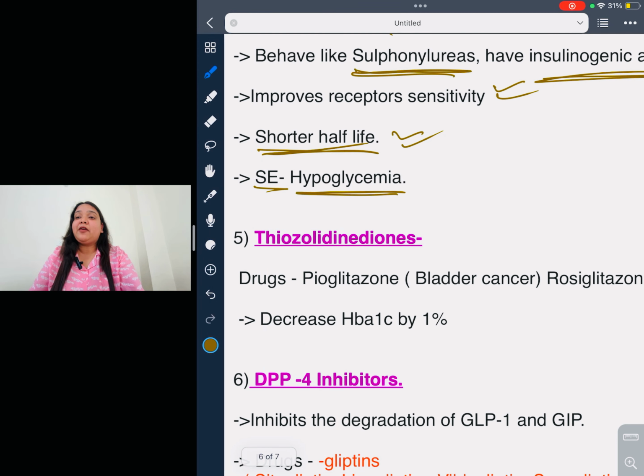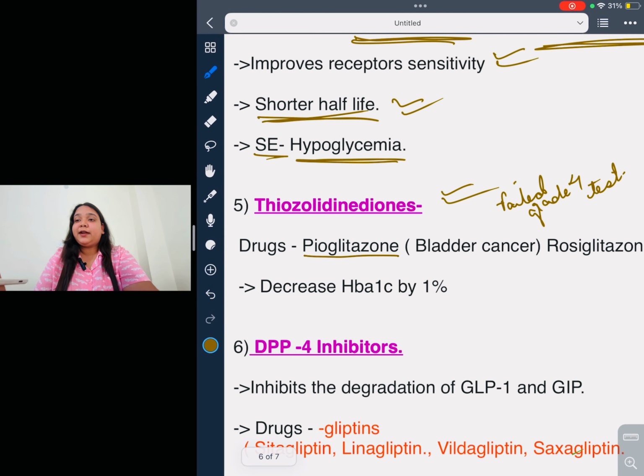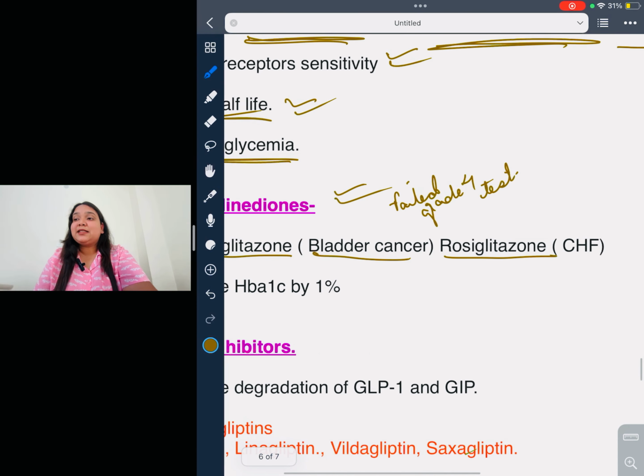Another group of drugs we have is thiazolidinediones. These drugs have failed their grade 4 test, because these drugs, pioglitazone and rosiglitazone, can cause bladder cancer and CHF.